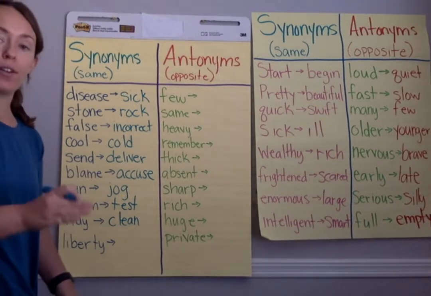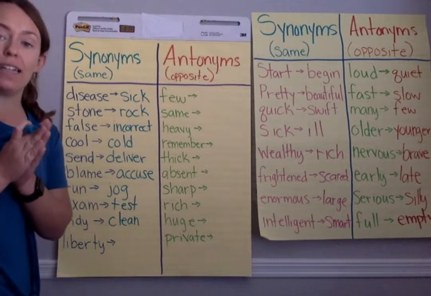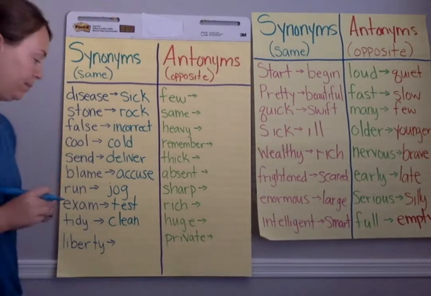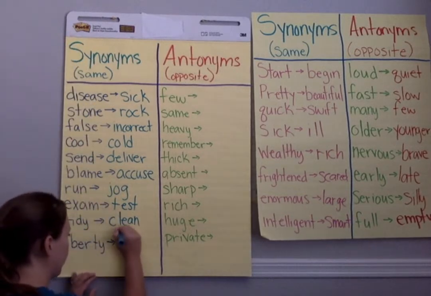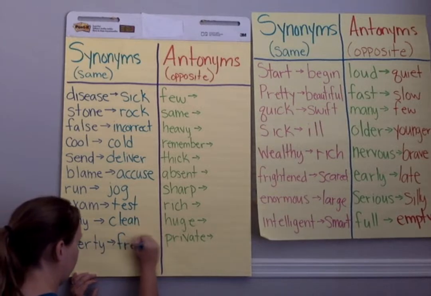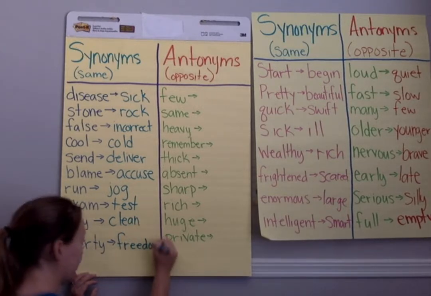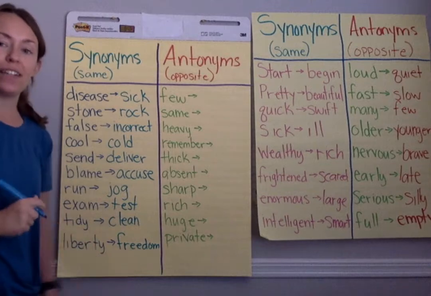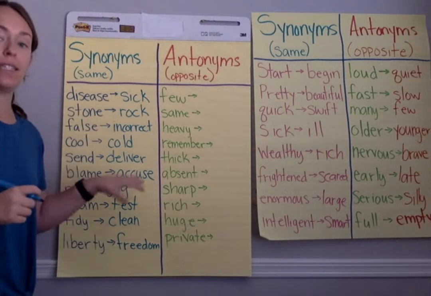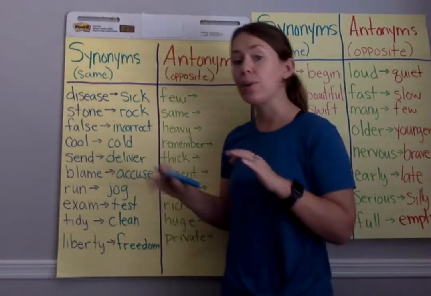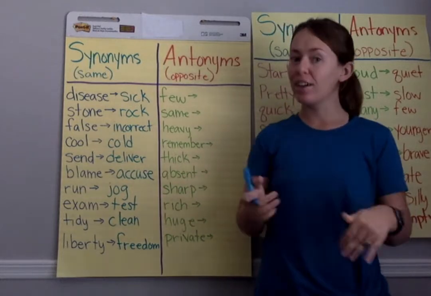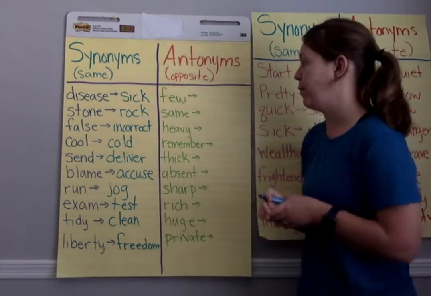What is another word that means the same thing as having liberty? Freedom. Perfect. Okay, so that does it for our synonyms. Make sure you write these down because they could help you on the worksheet for today, okay?